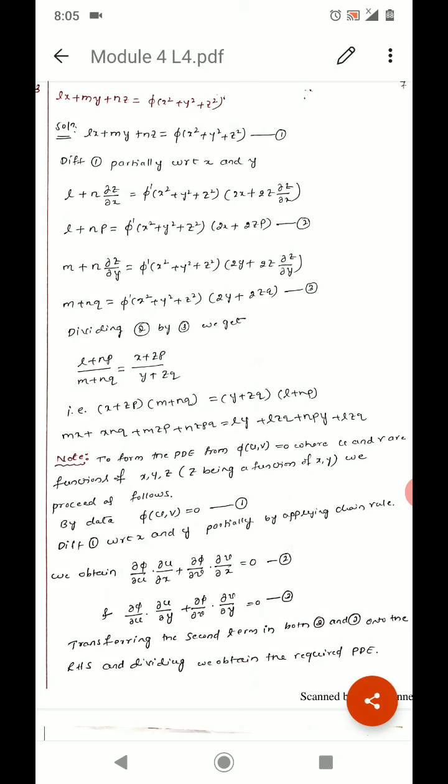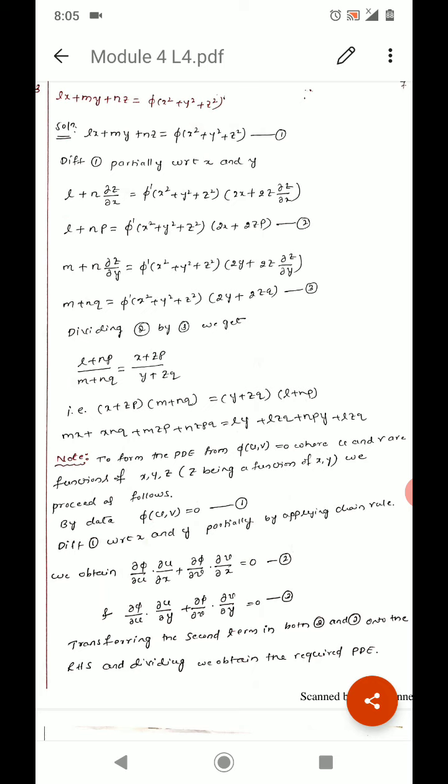So here differentiation of phi with respect to u, that is del phi by del u, times differentiation of u with respect to x, that is del u by del x, plus differentiation of the function with respect to v. So here we split the function as u and v.